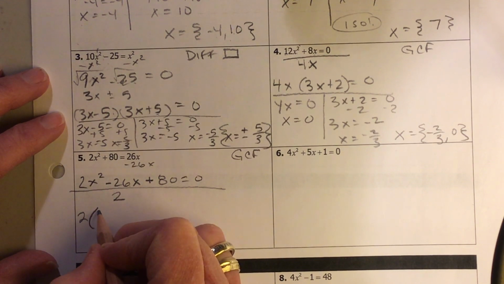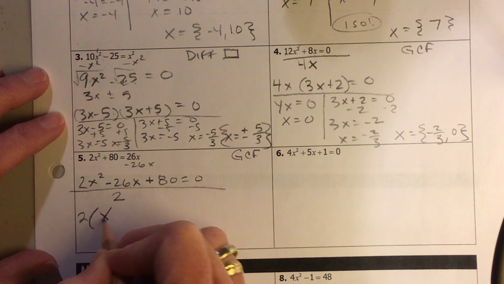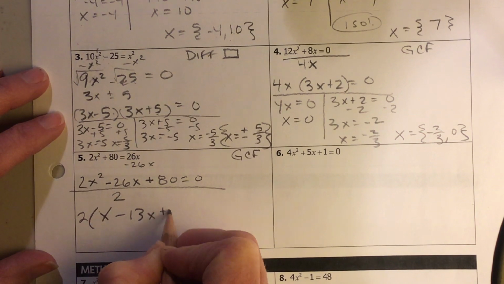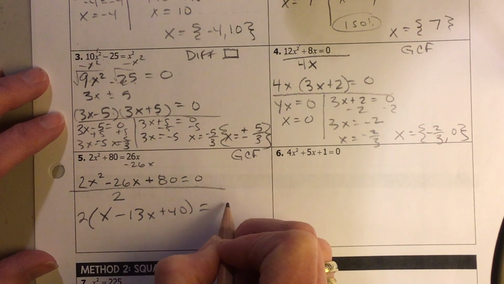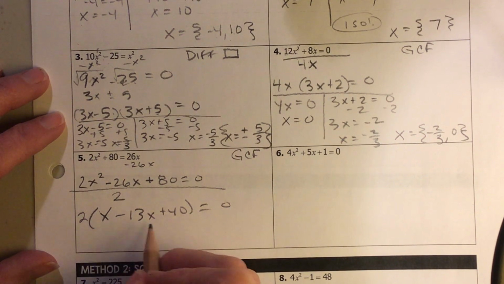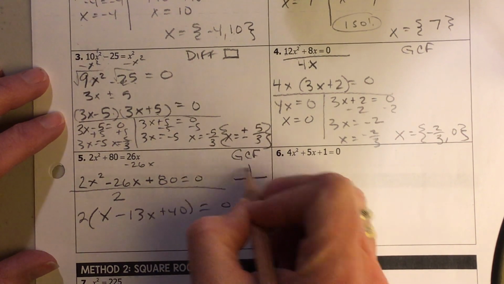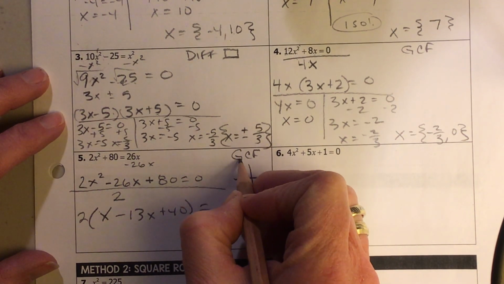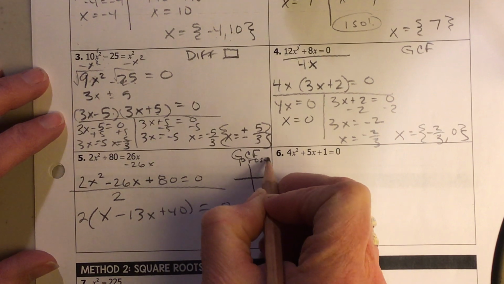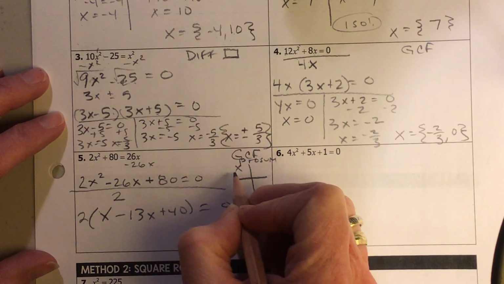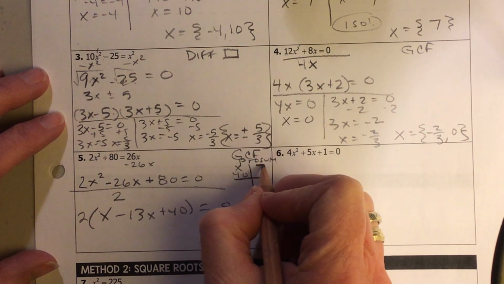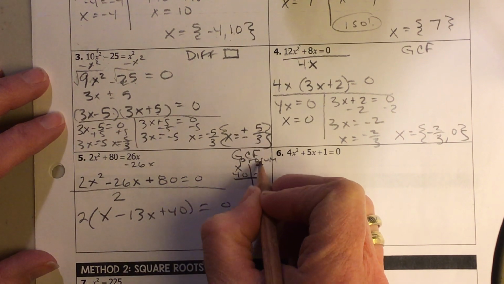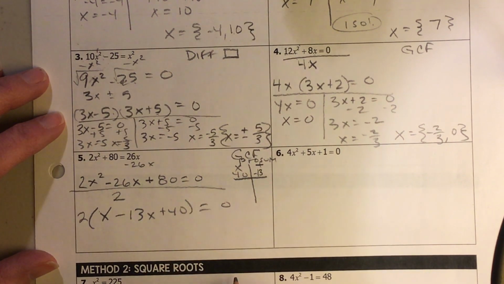And then what's left over? Well, I should have x squared minus 13x plus 40 equals 0. And now I'm going to do the product-sum game. So I have the greatest common factor and I have the product-sum. I am trying to multiply to 40 and add to negative 13.